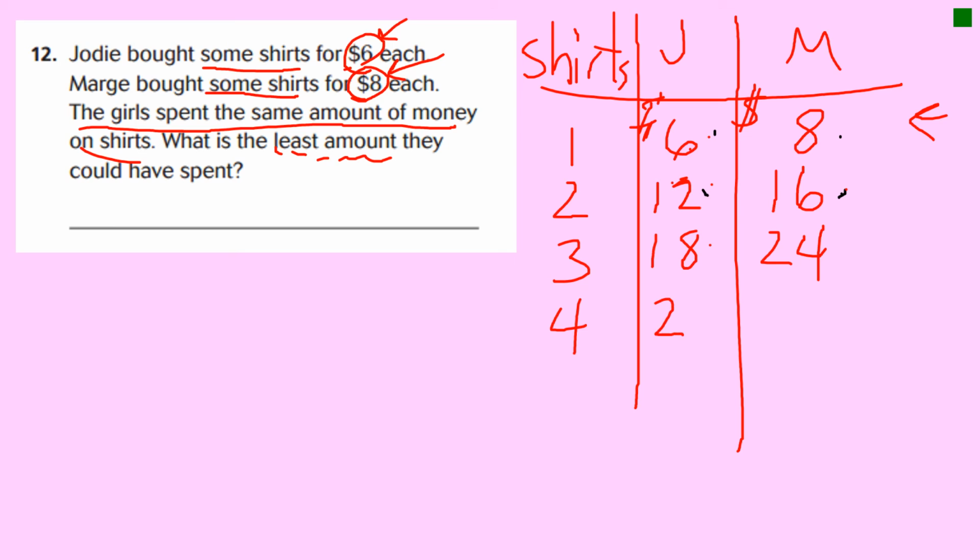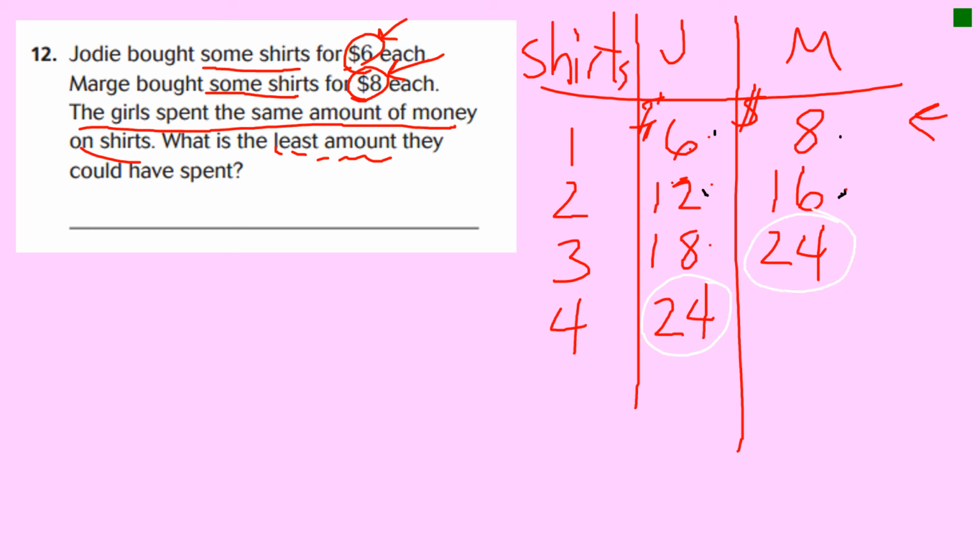Jody will spend $24 on 4 shirts. Uh-oh, wait a doggone minute. Are you noticing anything, boys and girls? Jody bought 4 shirts for $24. Do you see another 24 here?